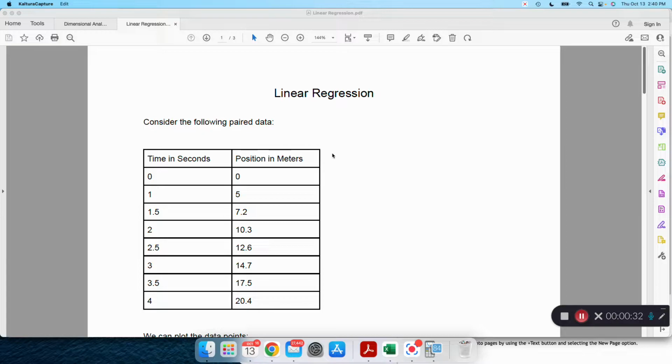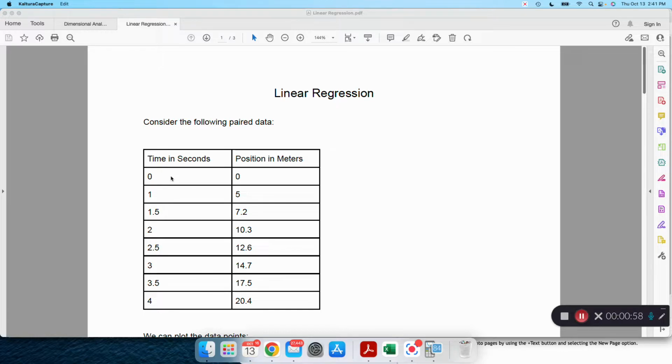So we have this data here. We've done some experiment where we've measured the position of some particle in meters after some time t in seconds. First thing we have to decide is which of these is our independent, or what we call the explanatory variable, and which is the dependent or response variable.